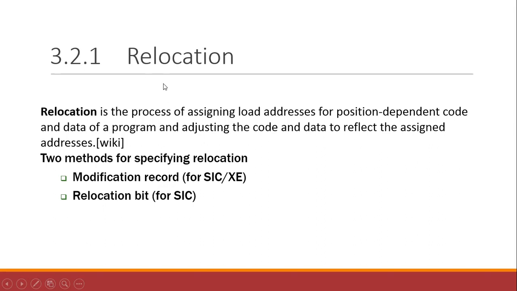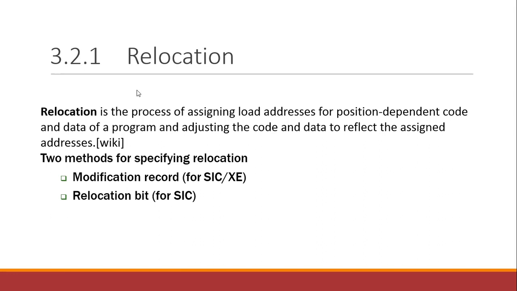So what do we mean by relocation? Program relocation is the process of assigning a load address for the position dependent code and data of a program and adjusting the code and data to reflect the assigned address. It means loading the program relative to the memory availability.